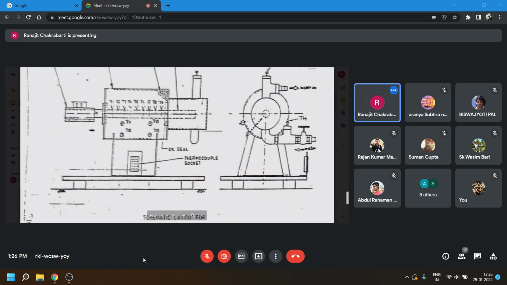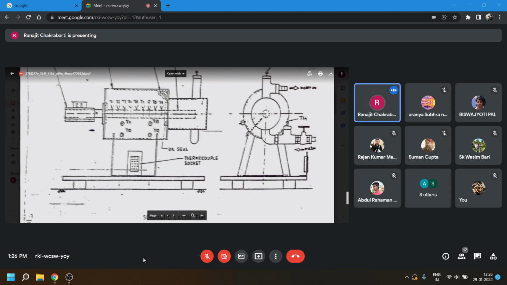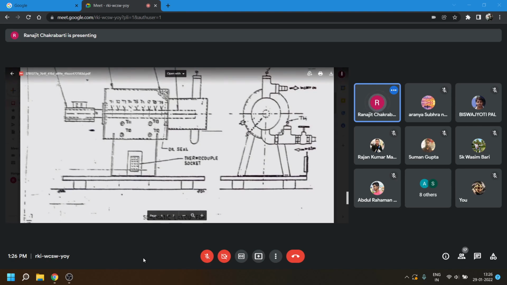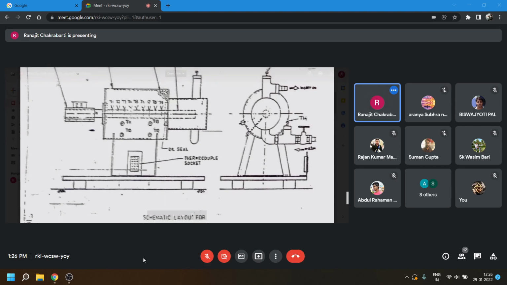See here, we have got a cylindrical shell. One end, and now this is the rod inside the shell. The cylindrical shell has an axis, and the rod also has the same axis.